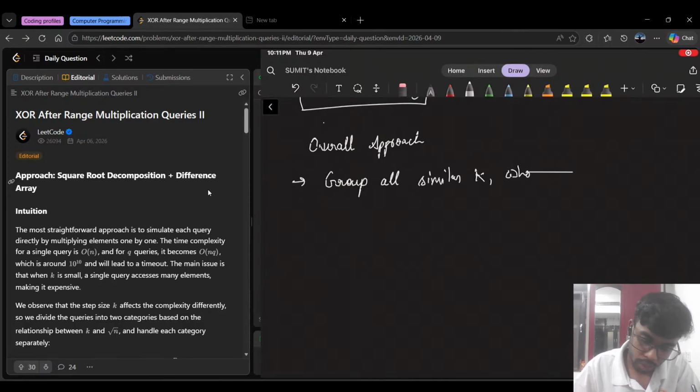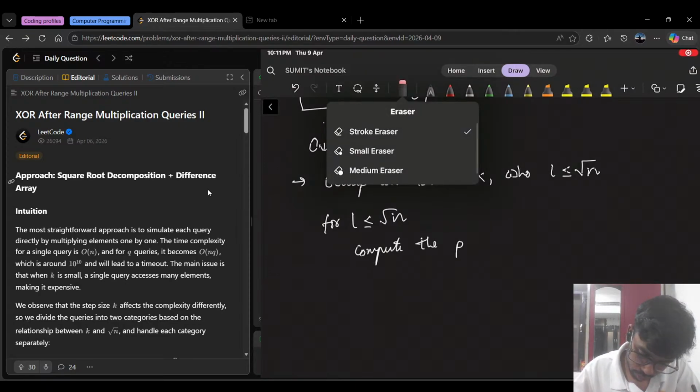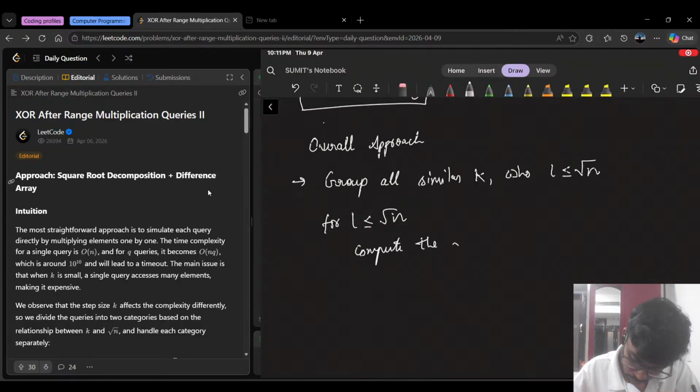For k less than or equal to root n, compute the difference array, and the rest is brute force.